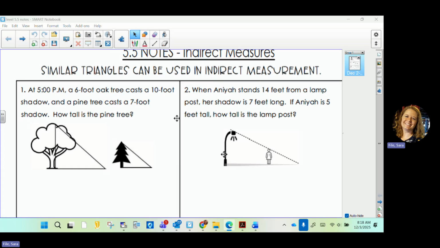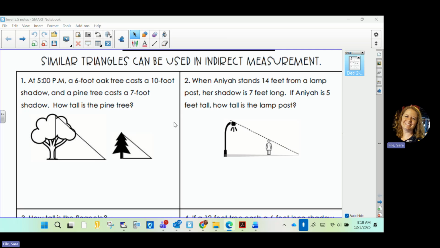So in this first one, it says at 5 p.m., a 6-foot oak tree casts a 10-foot shadow and a pine tree casts a 7-foot shadow. How tall is the pine tree? So we know the height of the oak and the length of the shadows, and it's the same time of day, so the angle of the sun is creating the same angle between the shadow, the end of the shadow, and the top of the tree.